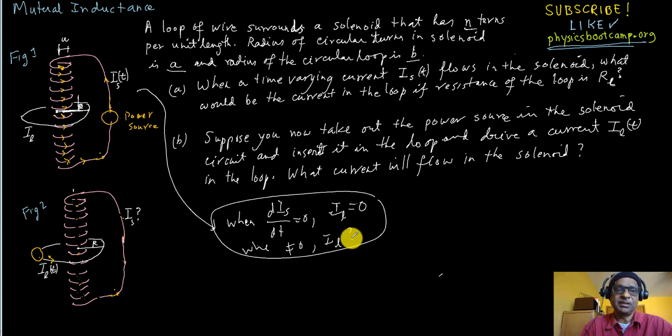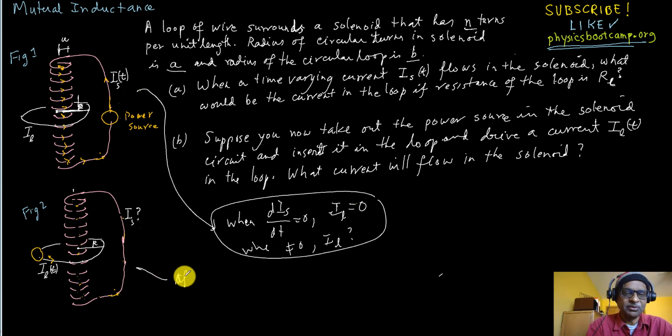Part B is, suppose you now take out the power from here and insert it there, so the solenoid becomes the loop now. When you do this, drive the same current function you found over there, and the question is what kind of current will be induced there.